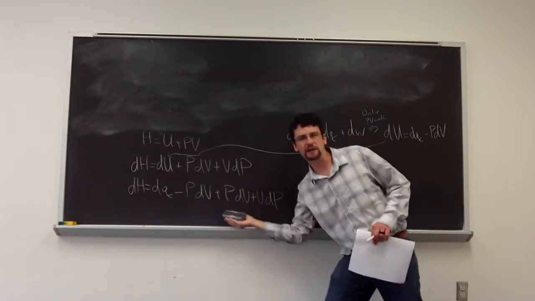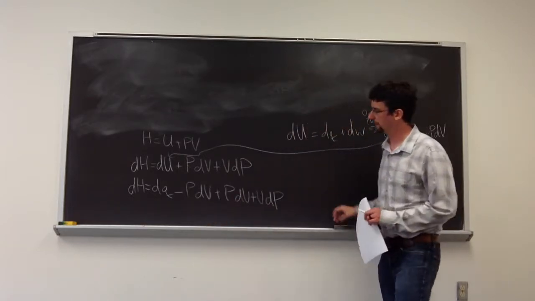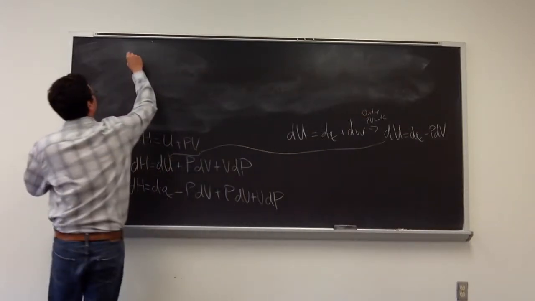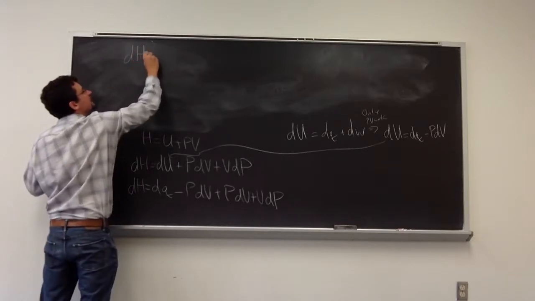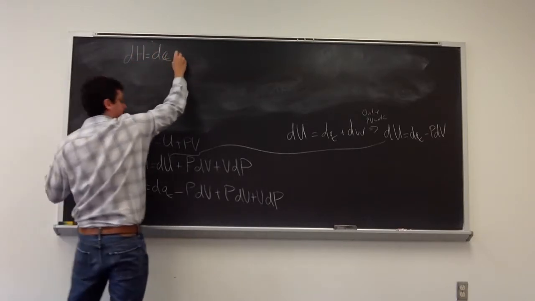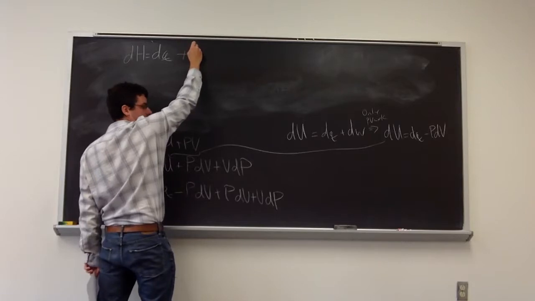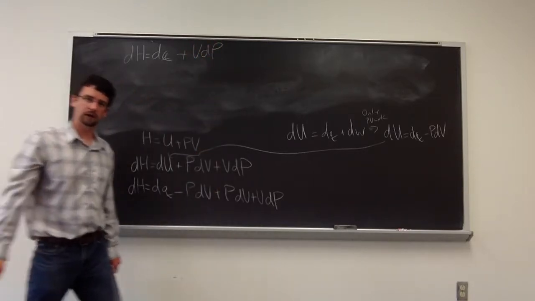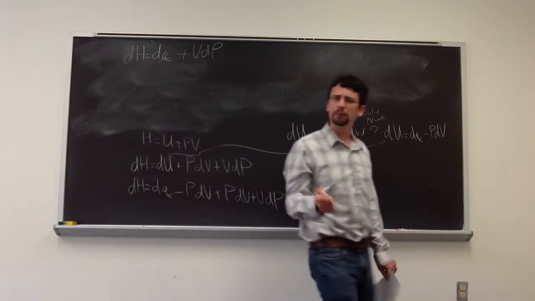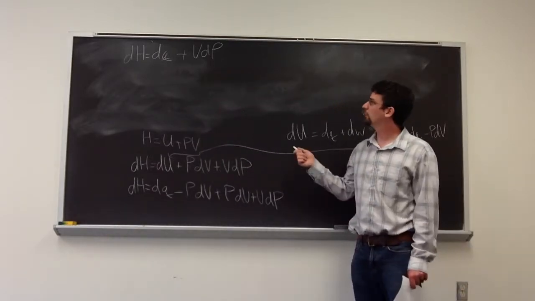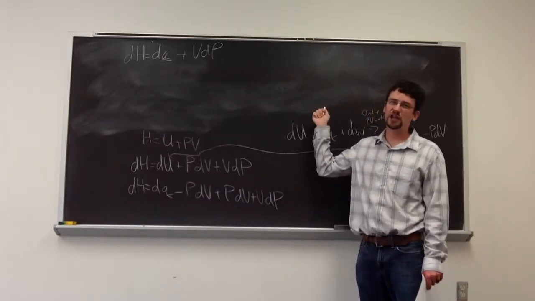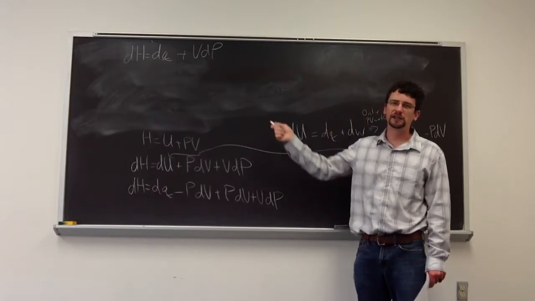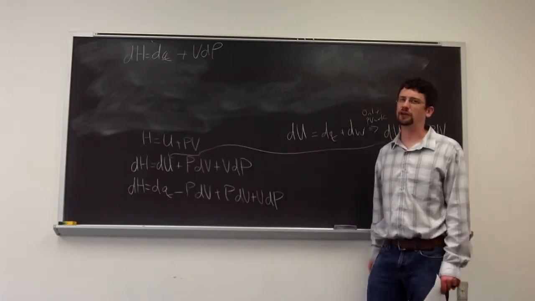These two terms cancel with one another, and we're left with dH equals dq plus V dP. But we were looking at proving that the heat exchange is equal to the change in enthalpy at constant pressure conditions.